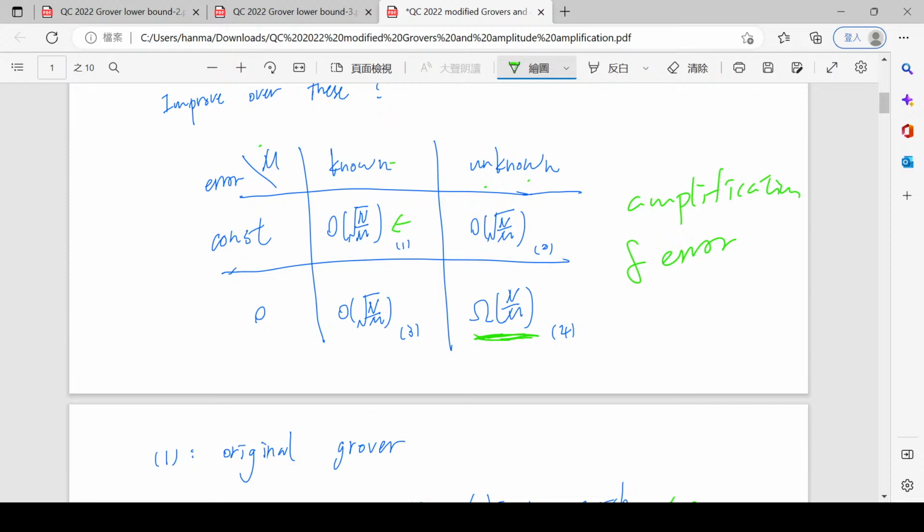Oh no, we're doing search, but I think that's the same. So if you do standard amplification, you just do things many times classically, then if you want delta error, you usually need log 1 over delta factor to the number of times you need to run. So yeah, if you want to go from constant to delta error, then you only need to run this much.